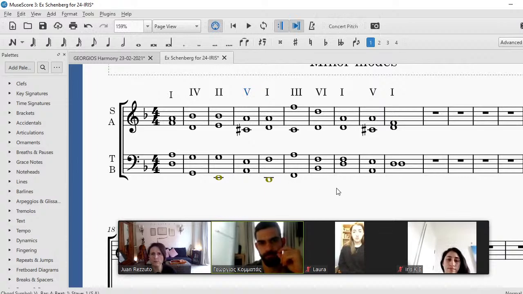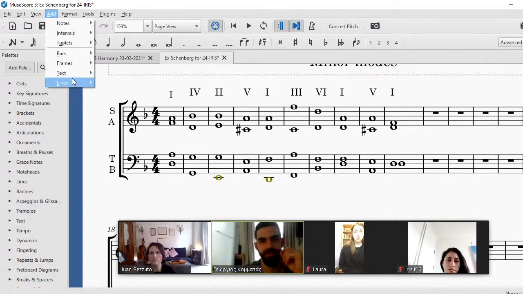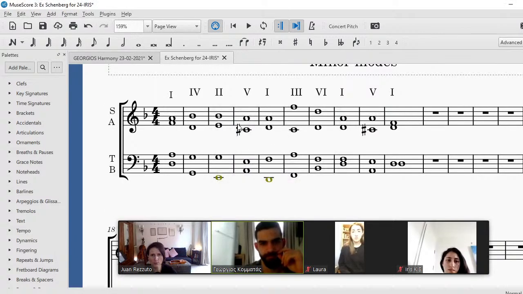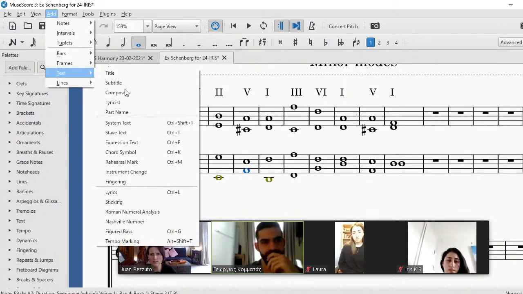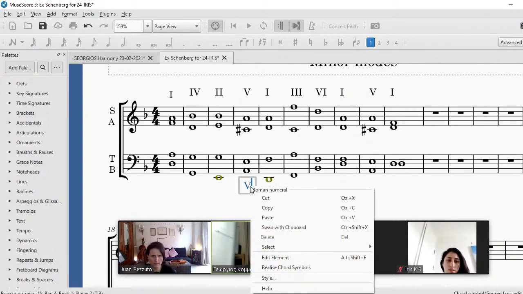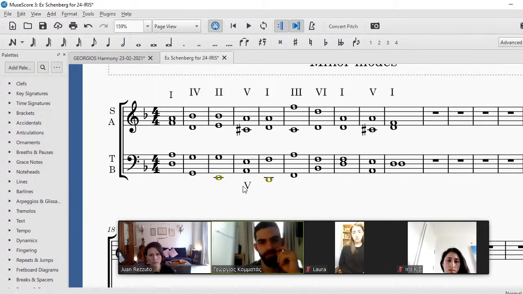I cannot do it with the software. It is the wrong text. Ah, that's why. You have to choose a note. Oh, yeah. Okay. So go here, text, Roman numerals analysis, 5. Sure. Okay. There. And Roman numerals always below the chord, not above them.